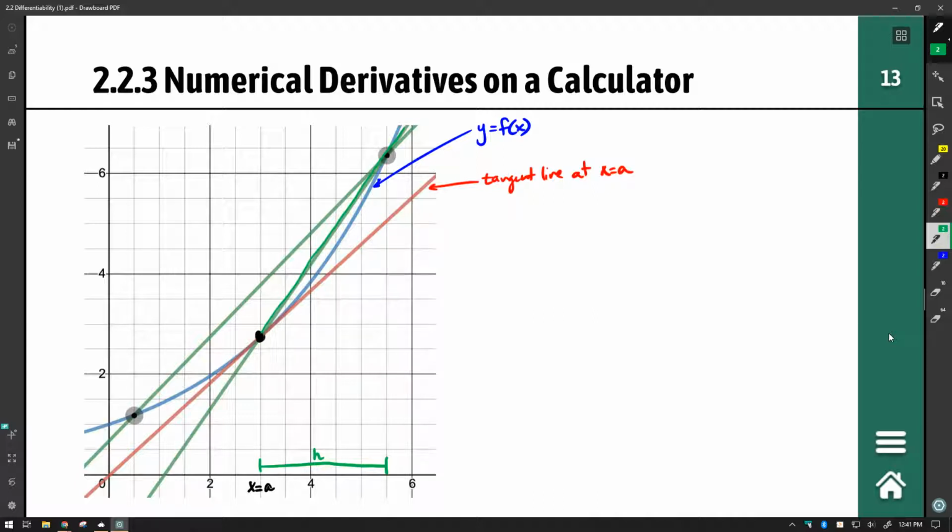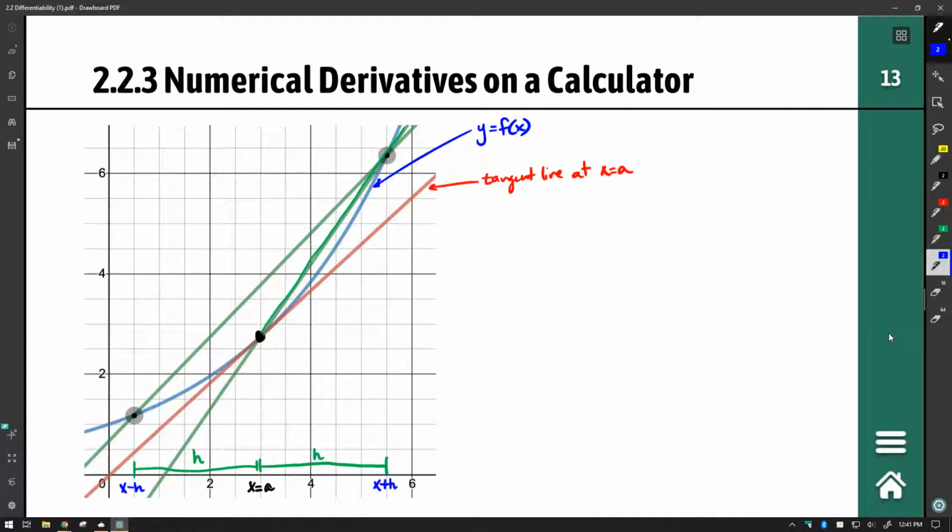I've also placed a point on f that is h spaces to the left of a, and now we've drawn a secant line through each of those points. So let's calculate what that slope would be. So here we have the x value x minus h, and here we have the x value x plus h.